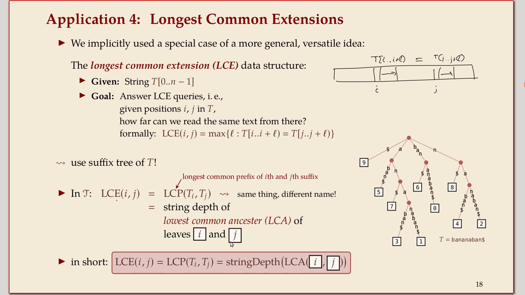So maybe do an interesting example. Say we take T5 and T1 in our banana string. So it's a ban and anana ban.